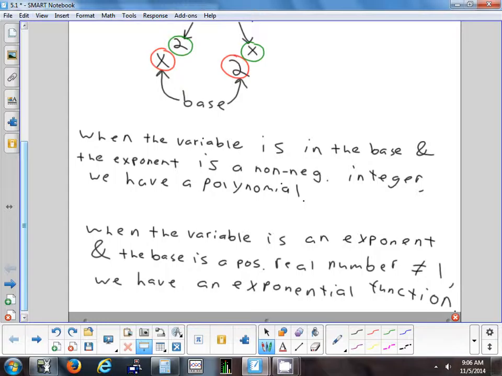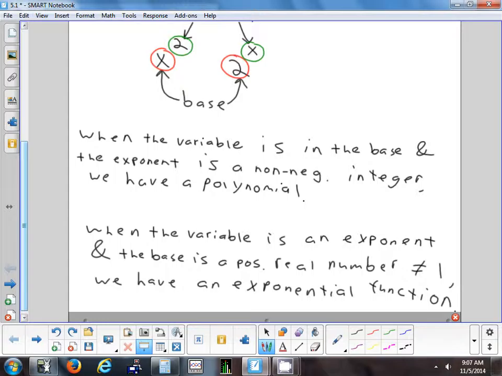Exponential functions are used to model lots of kinds of situations. If you had, let's say, bacteria that doubled every hour, that's an exponential problem. If you had something radioactive with a half-life, we can model that too. Half-life, if you've taken chemistry or physics, tells you how much time has to go by for half of the material to disappear.